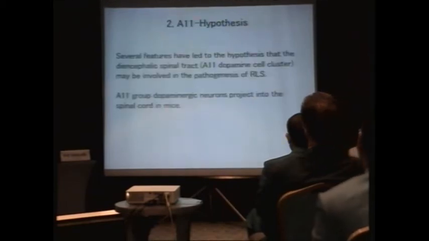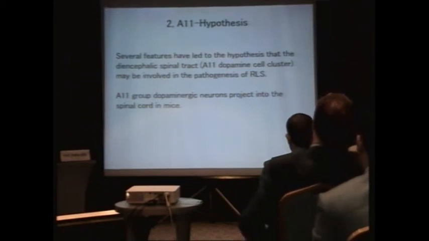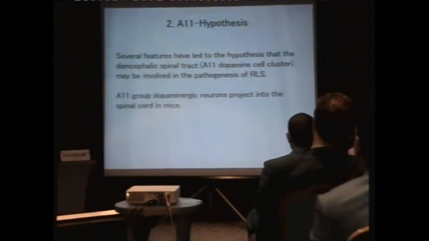Second, the A11 hypothesis. It is quite an impressive hypothesis because the A11 dopaminergic neuron group is the only area that projects to the spinal cord. So the dopamine concentration in the spinal cord depends on the A11 group.